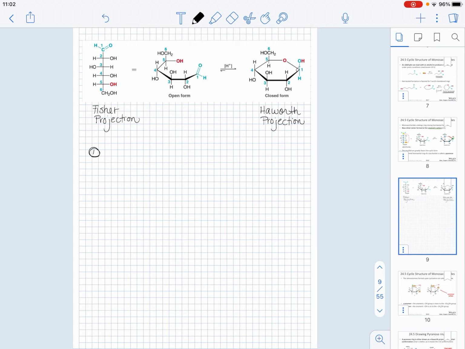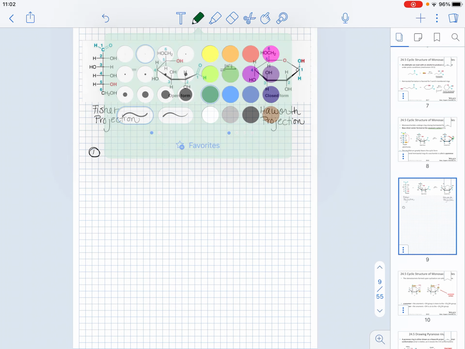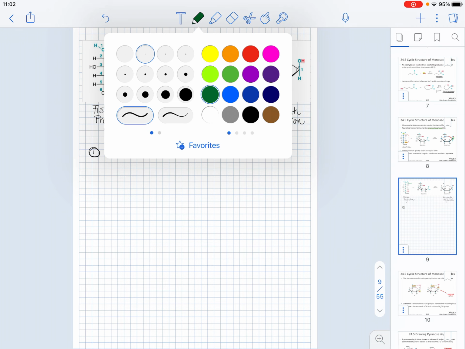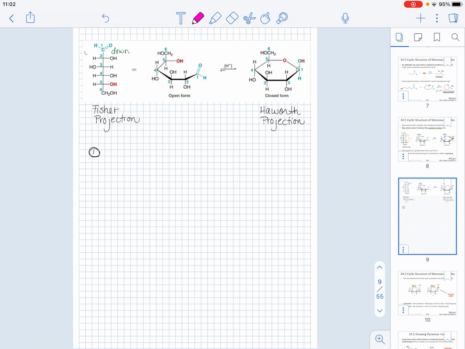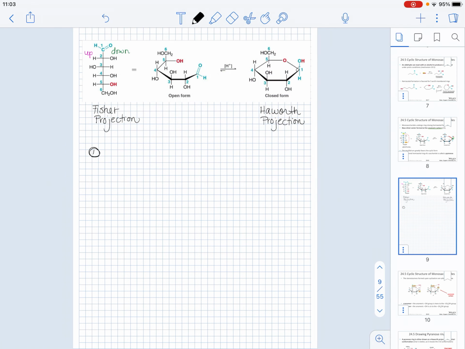You are going to take your Fischer projection and lean it towards the right 90 degrees. What that means is that every atom on the right of the molecule is going to point down, and any atom on the left of the molecule is going to point up. That does not include the carbonyl or the CH2OH. So let's do that drawing first.